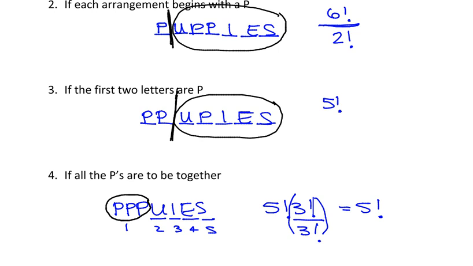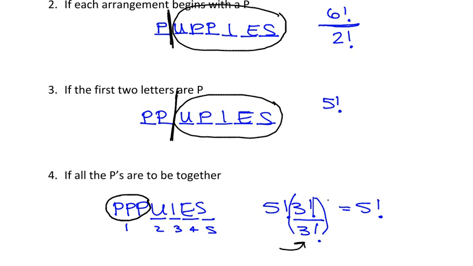This way, although redundant for this question, is useful in that it will allow you to interpret multiple kinds of questions. For example, if this wasn't just 3 p's in a row, maybe it was 2 p's and 1 r, then this would be 3 factorial over 2 factorial since there would only be 2 p's repeating.